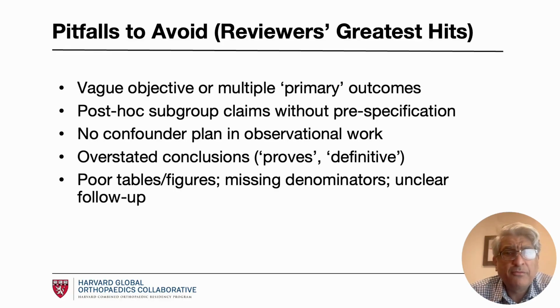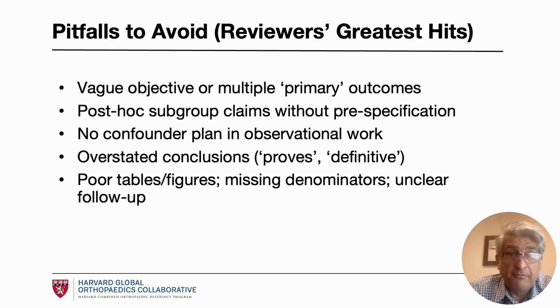Now, some key pitfalls to avoid. Many tests increase false positives. Always report the number analyzed and missingness. Language discipline is important: say associated with for observational studies, and reserve causes for RCTs, because causation is different from association.